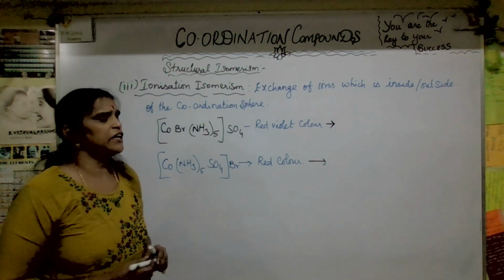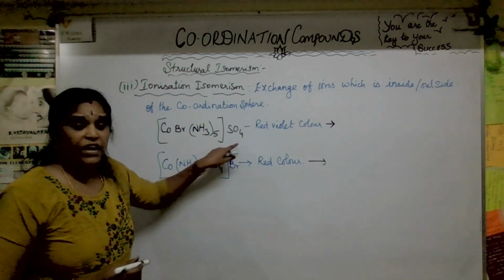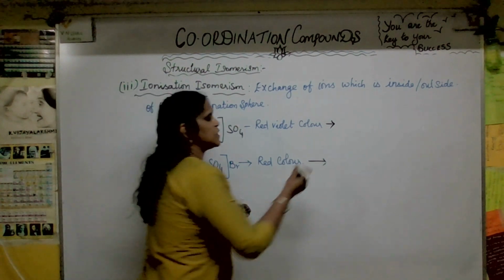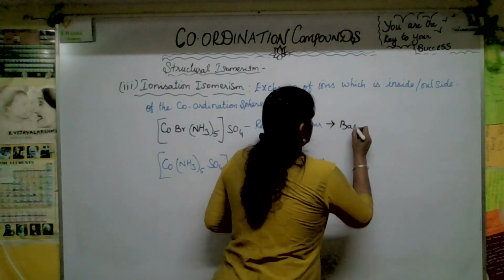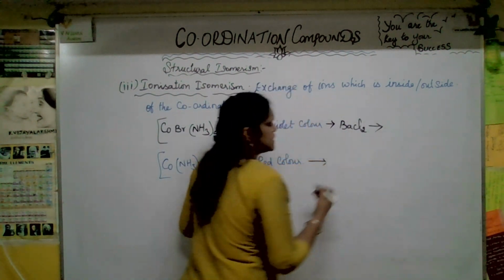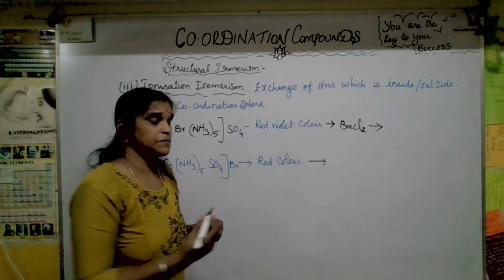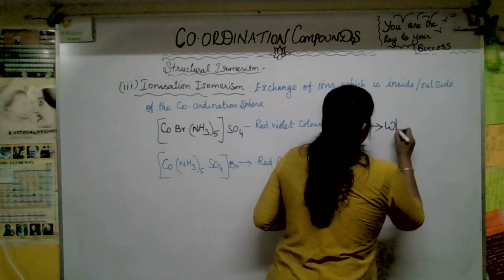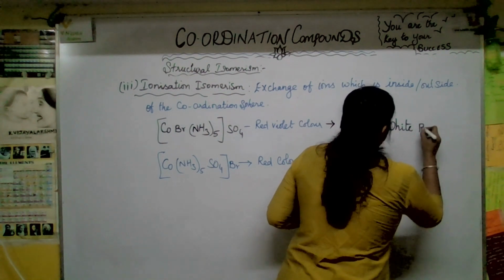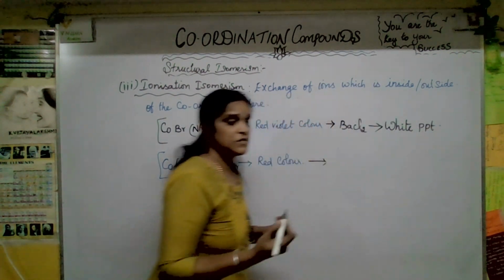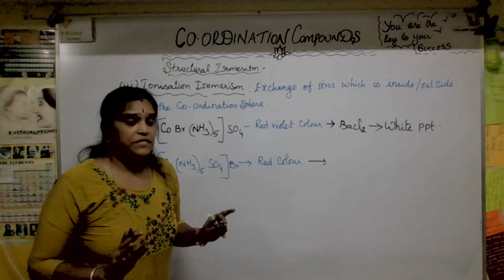How to identify? Here the sulfate ion is there, so let us go for the sulfate test. What is the sulfate test? BaCl2. When we add BaCl2, if sulfate is present, we will get a white precipitate. So that means we can identify that sulfate is present.